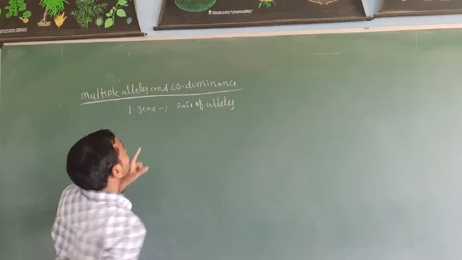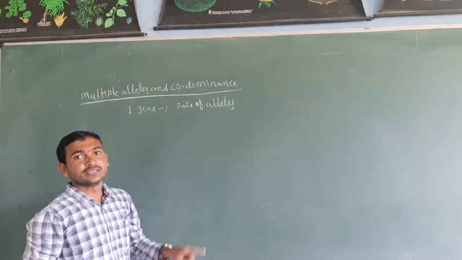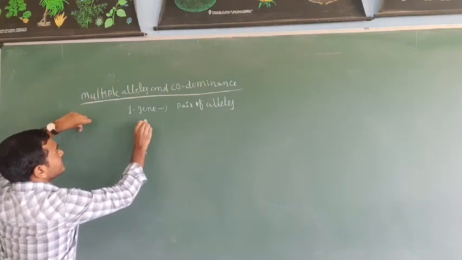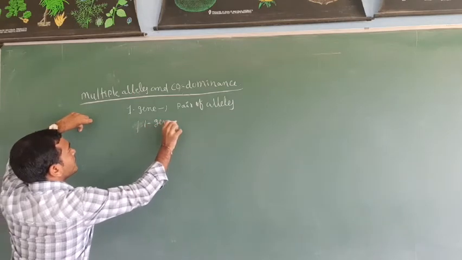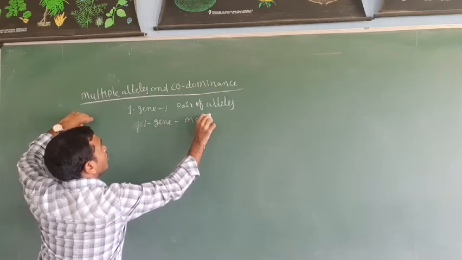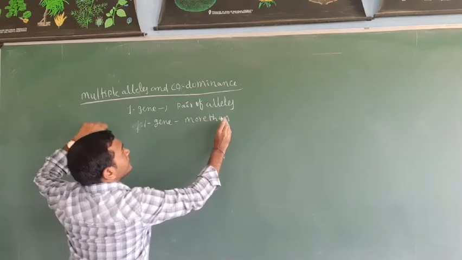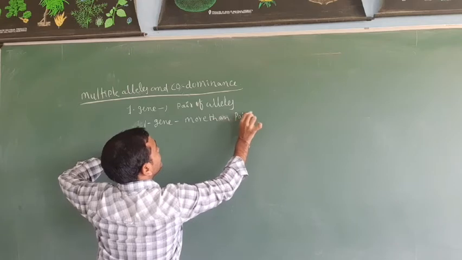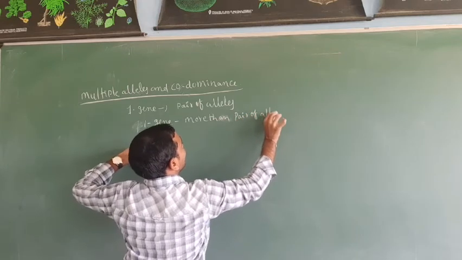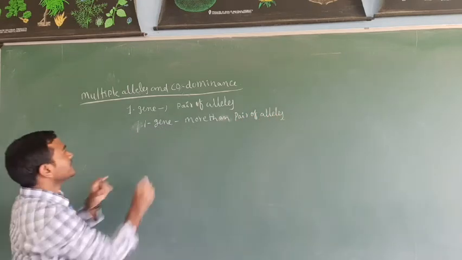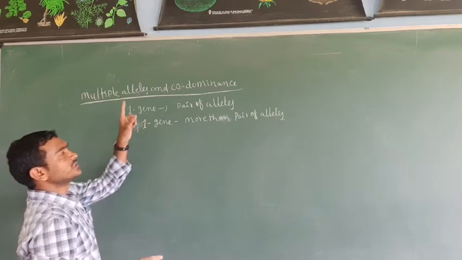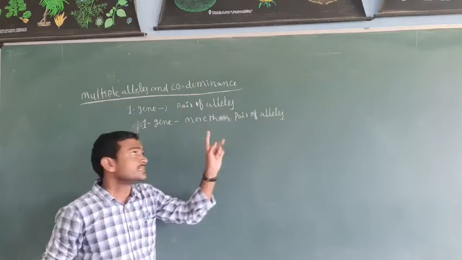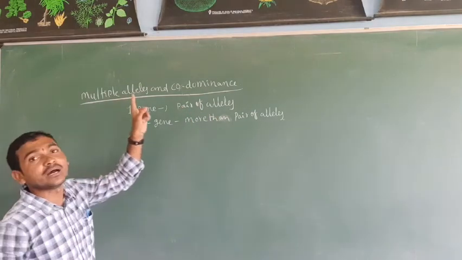That is common. But sometimes one gene is present with more than a pair of alleles, and this is called multiple alleles. Only one pair is normal. More than two alleles present at a locus is called multiple alleles.